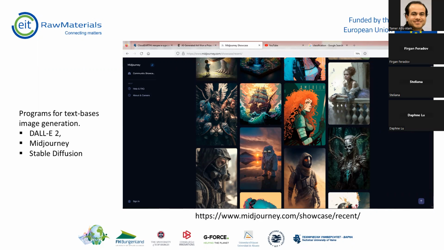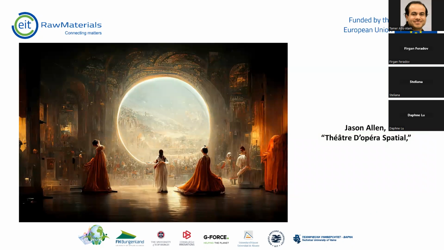The author described by text what he wanted as an image. The algorithm generated the digital art. He presented it. The jury looked at it and said, yes, this is the best art that we have seen on this county fair. This is the winner.